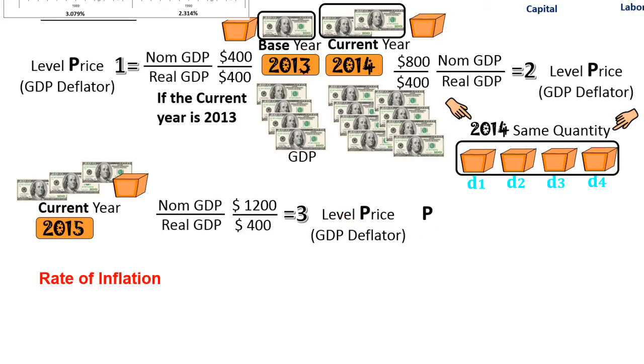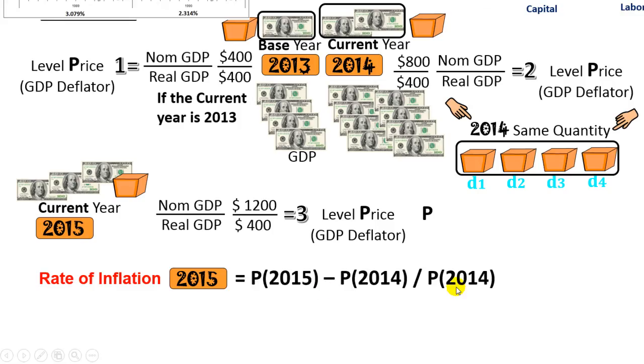Finally, the rate of inflation for 2015 is the growth of the price level. In this case, the price level in 2015, which is 3, minus 2, divided by the price level of the previous year, 2, is 0.5, or in terms of percentage, 50%.